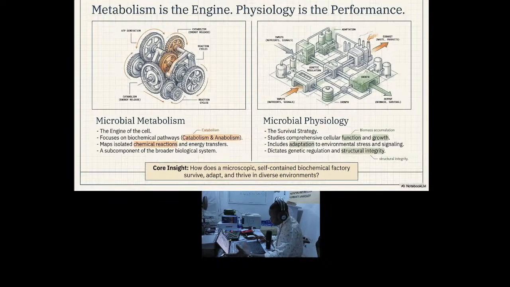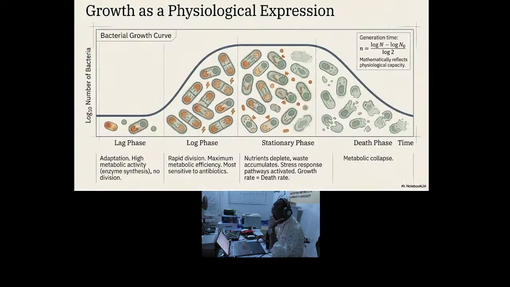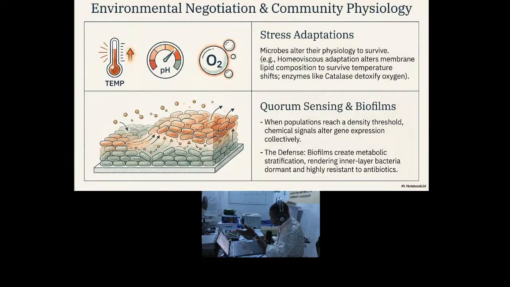I was able to break down the two very important concepts in this course, microbial metabolism and physiology. We were able to look at all this as metabolism. Then we also talked about growth as a physiological expression. We also talked about how microorganisms are able to negotiate their environment as a result of unfavorable conditions.